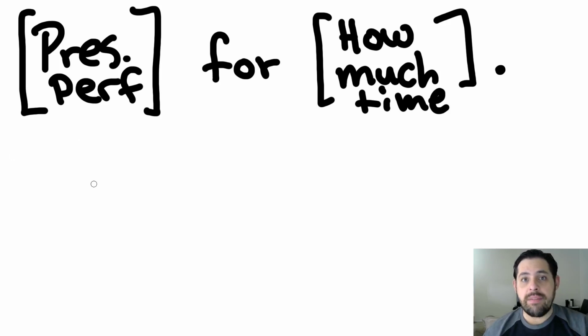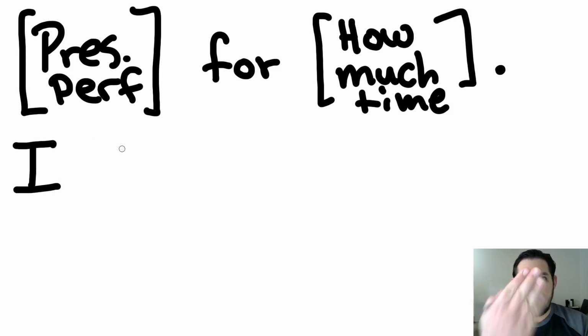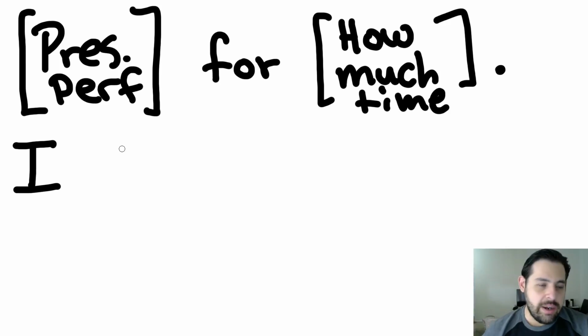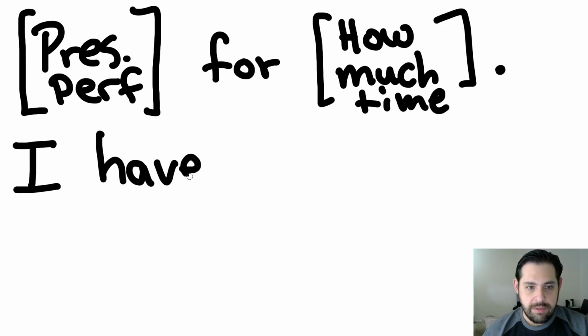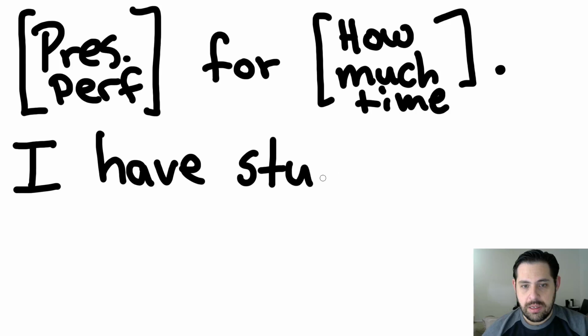So how long have you studied English? The subject turns into I, right? I'm talking to you. You answer with I. I have studied. The past participle of study is studied.